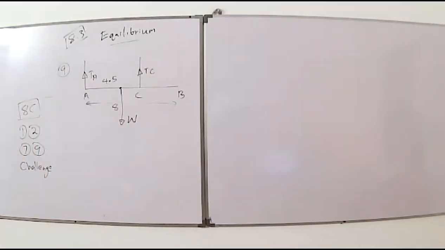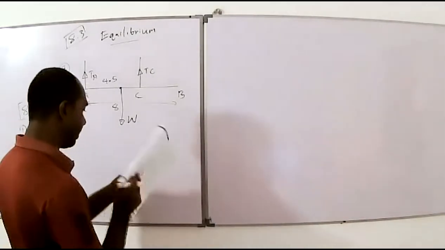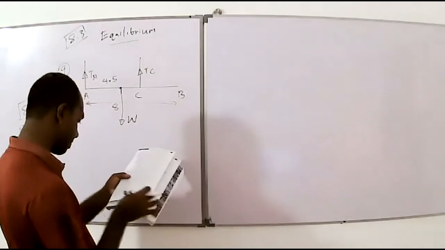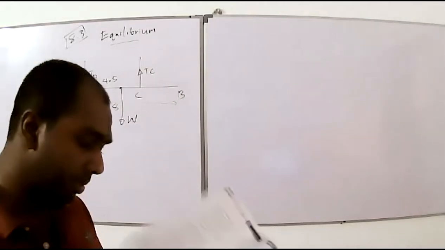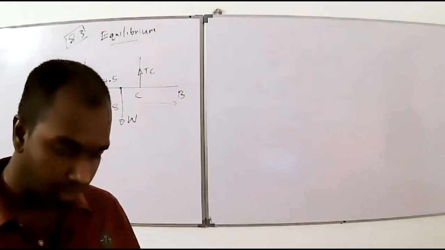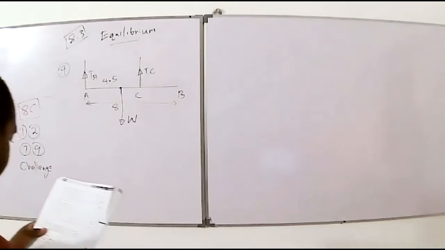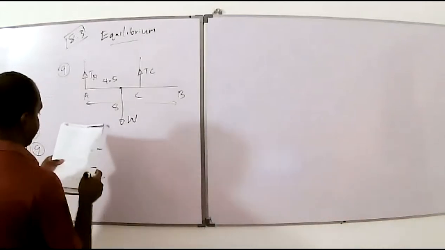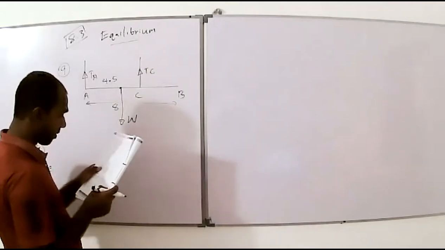Okay? Look at question number 9. What do we have? I am repeating again, I think question number 7 is wrong because I have missed some of the weights. So what are they saying in question number 9?